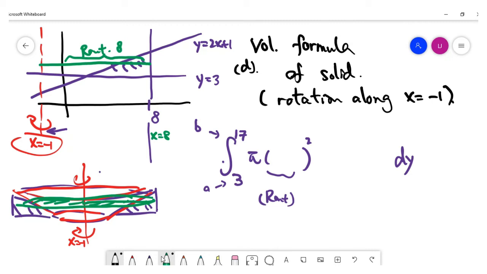So this length is 8. You have to add 1 to that, because this distance is extended from the original outer radius of the last part. You have to add 1 to the outer radius from the last part. So the answer is 8 plus 1. This comes from the fact that the line we look at is x equals 8 for the outer line.